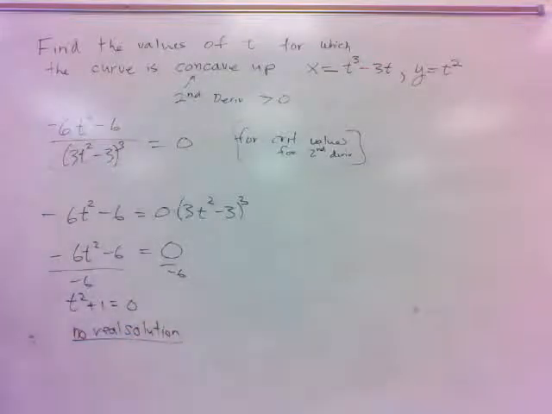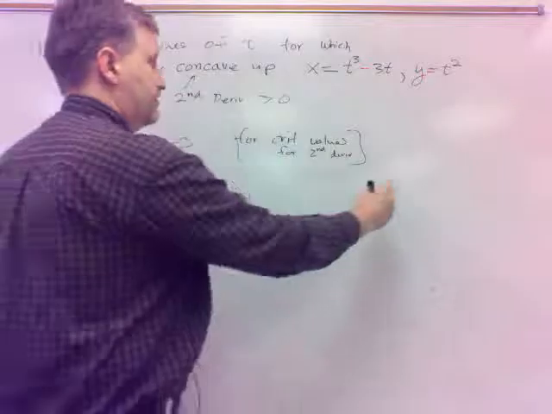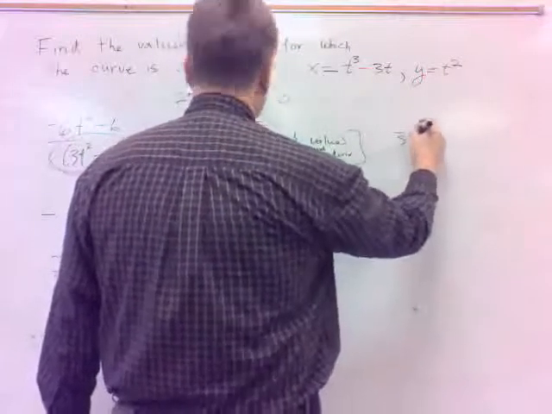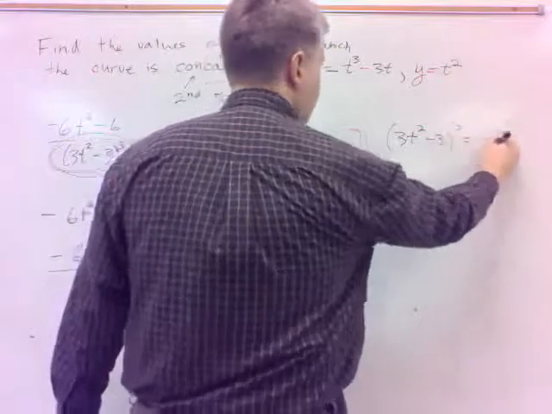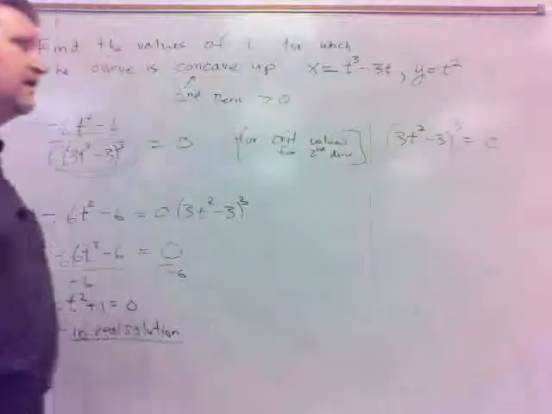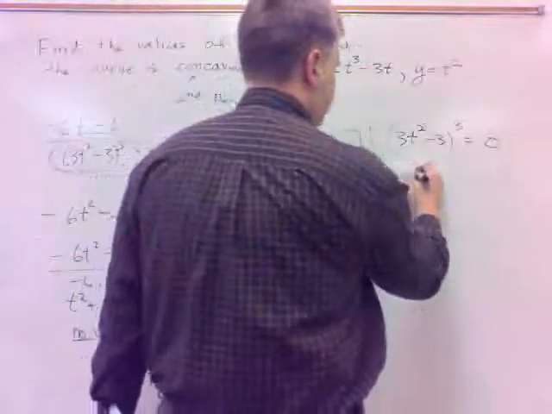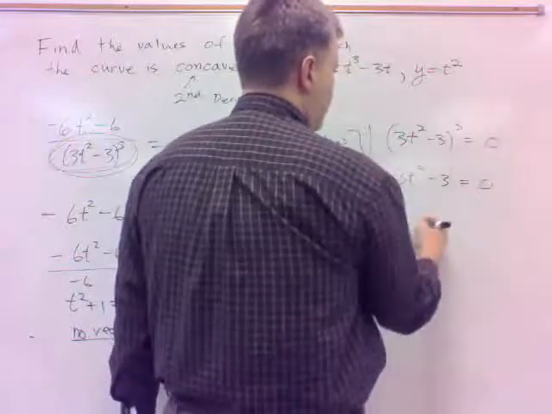Okay, but what else can be critical values? That doesn't give me critical values, but remember, we can also have critical values where the denominator equals 0, or where the second derivative does not exist. So 3t squared minus 3 cubed can also set up a scenario for critical values. Cube root both sides, we get 3t squared minus 3 equals 0.